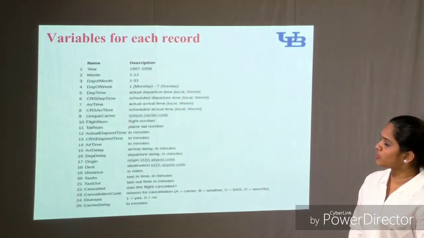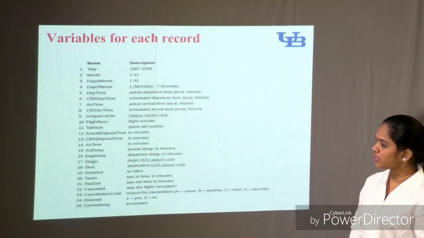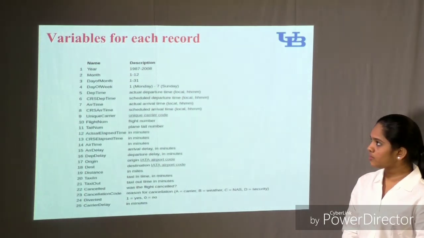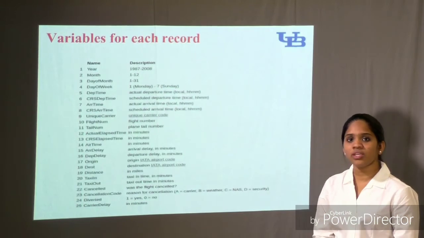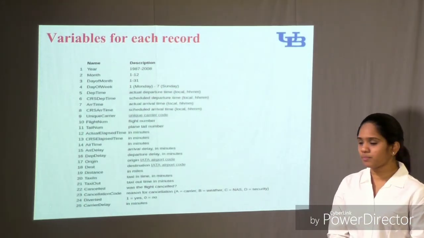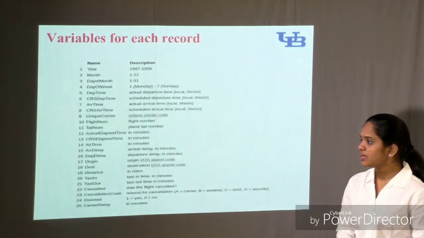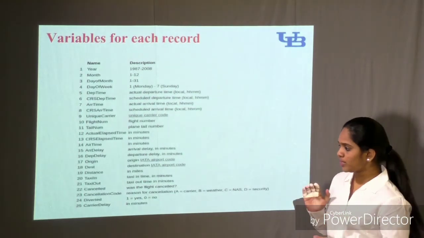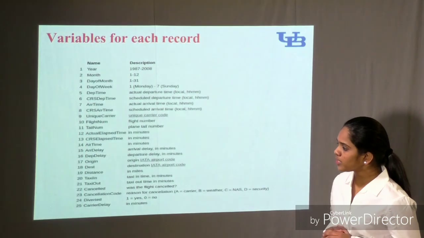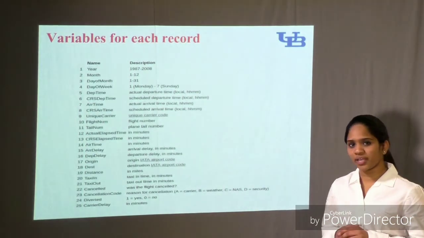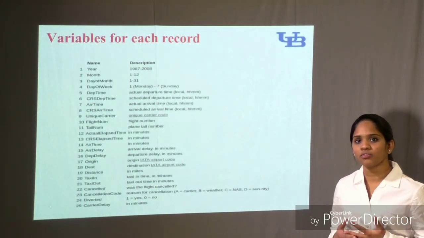Let's have a look at the variables that we have in our data. There are around 25 variables in the data set we've chosen, and out of this we do PCA, the principal component analysis, and then bring down our 25 variables to a set of 10 variables, and we remove variables like the cancellation code which might not actually contribute to the learning of our model.